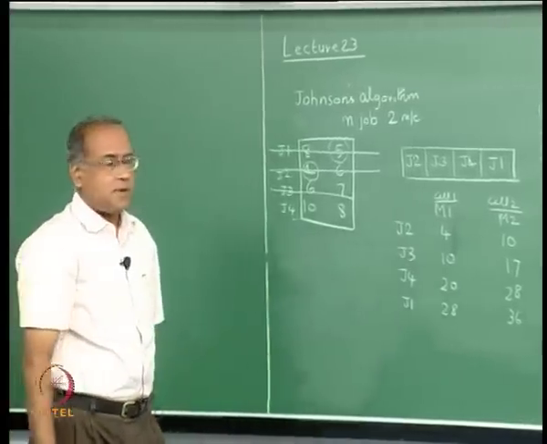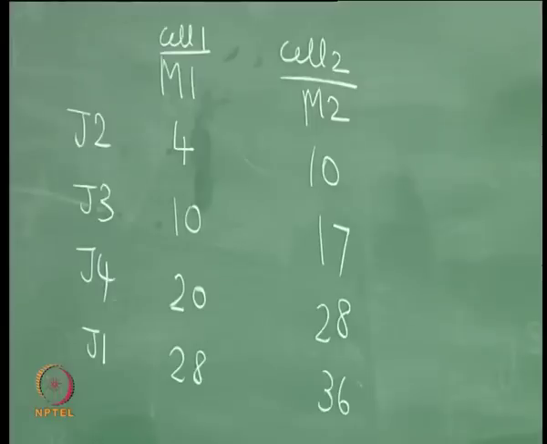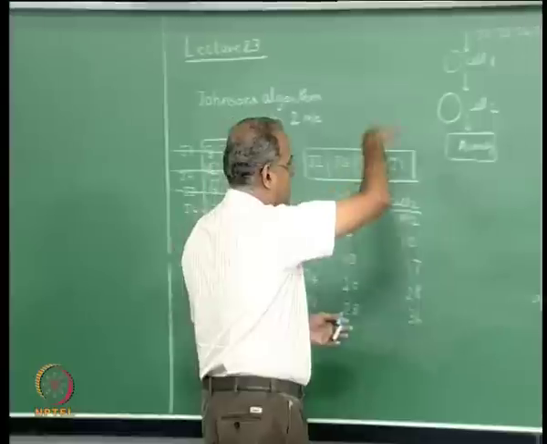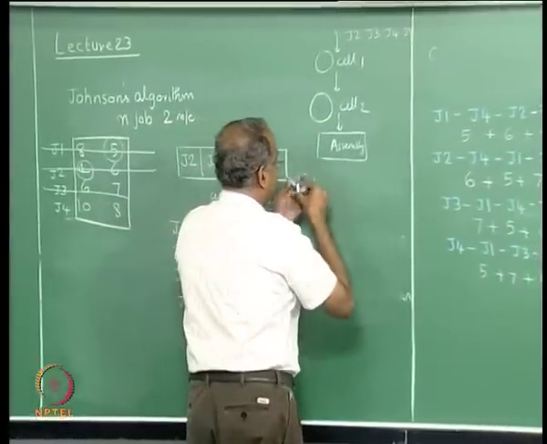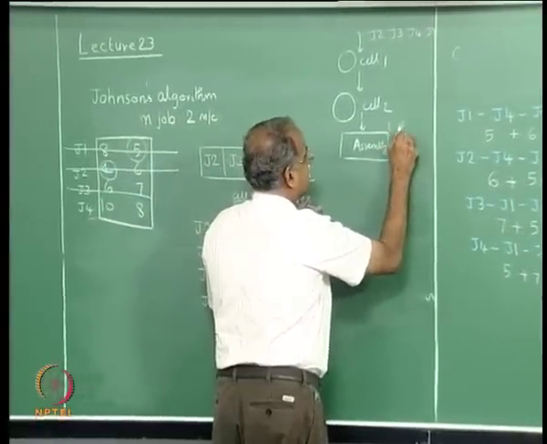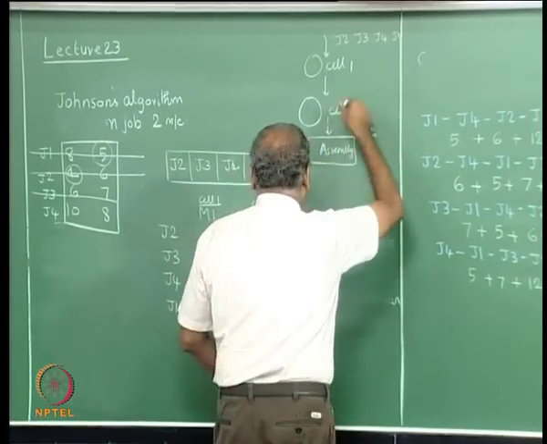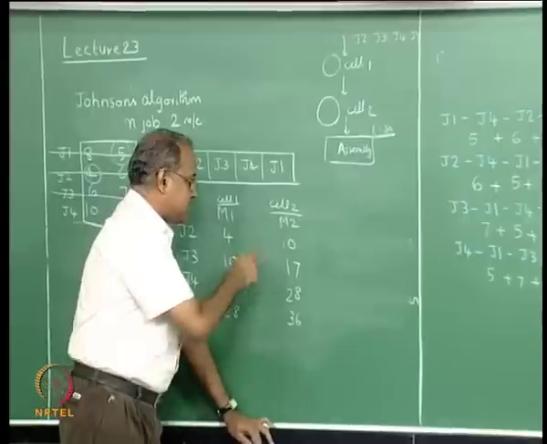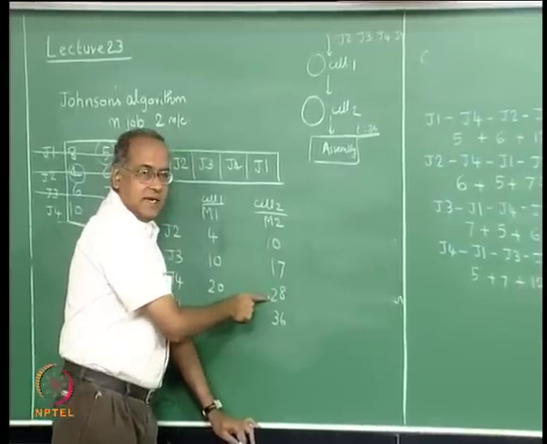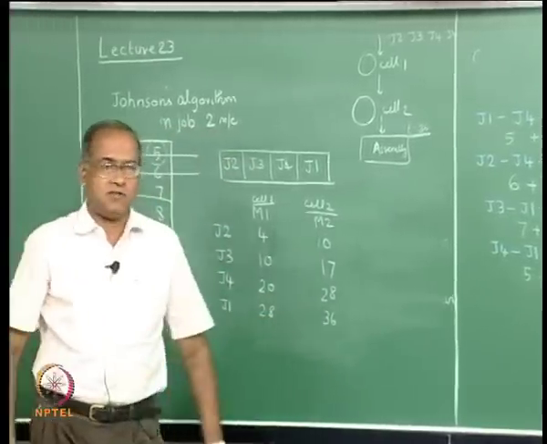So the make span now is 36 and all these 4 jobs can be completed here at time equal to 36. All the 4 jobs are completed. They can enter the assembly at times 10, 17, 28 and 36 respectively.